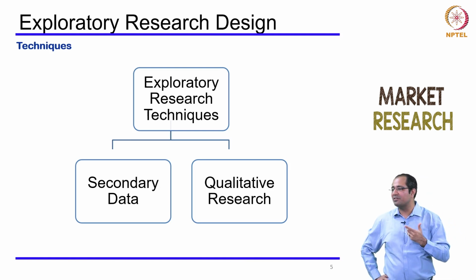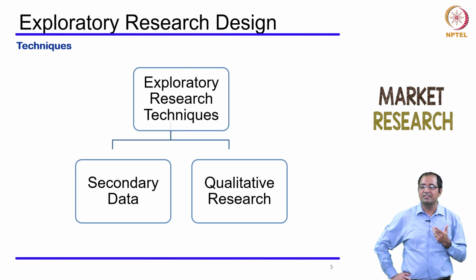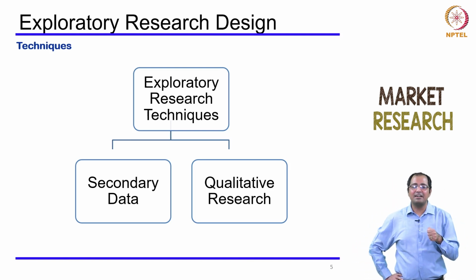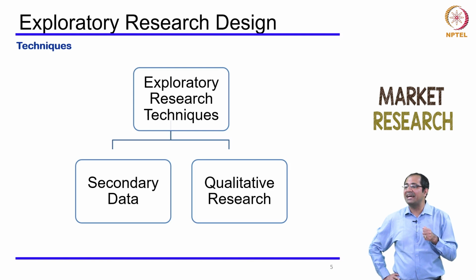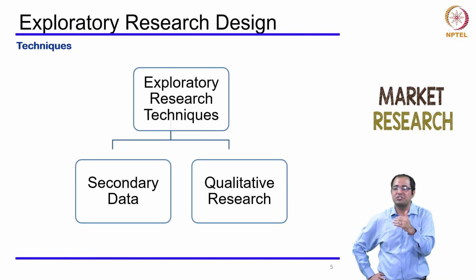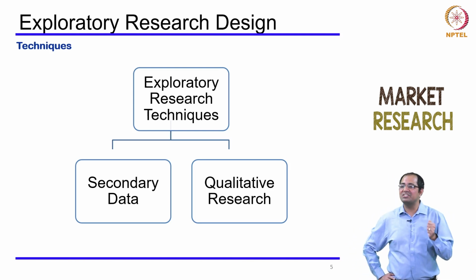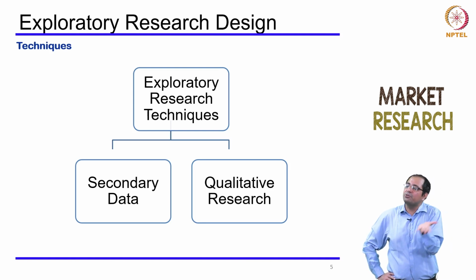Will it be primary or secondary? Primary data is the data that you collect first hand for the problem at hand, which did not exist before you defined the problem. Secondary data is the data which existed before you defined the problem.